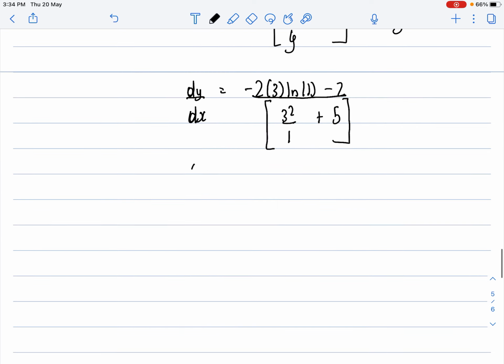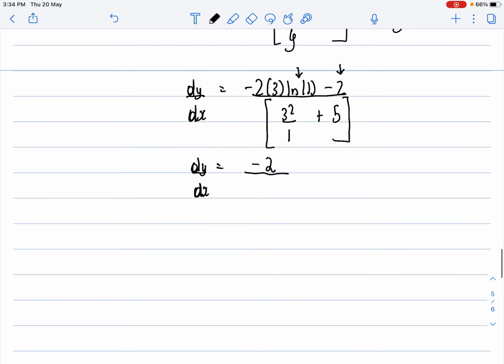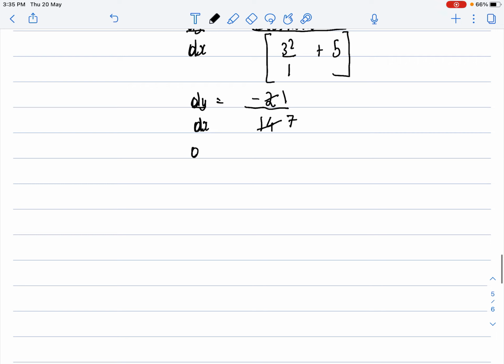Now ln 1 is basically 0. So minus 2 into 0 is 0, and I only get minus 2 over 3 square, which is 9. 9 plus 5 is 14. So 2 ones are 2 and 2 sevens are 14. So my dy by dx is equal to minus 1 by 7.